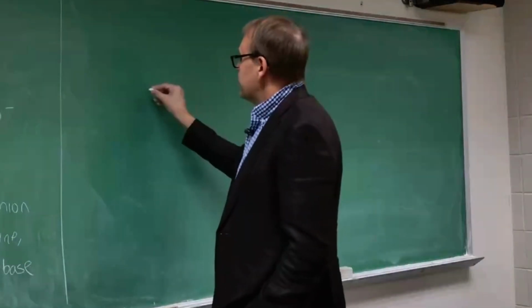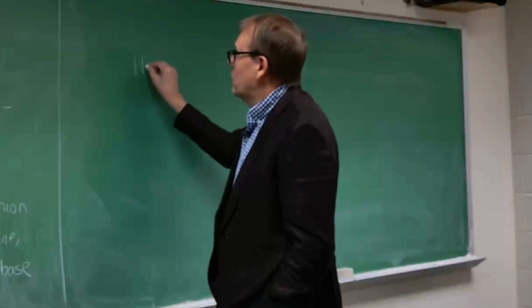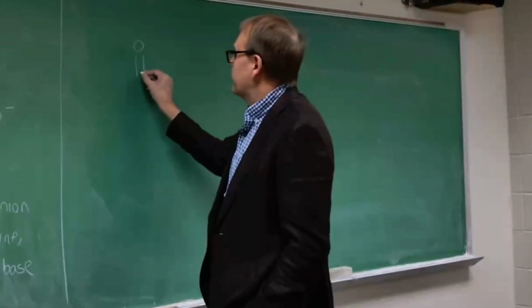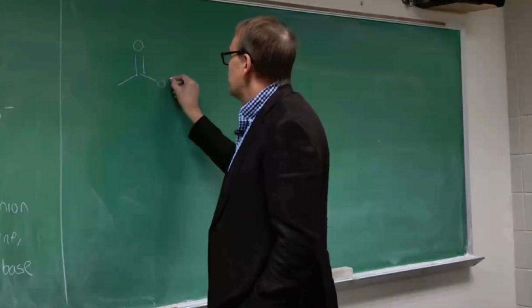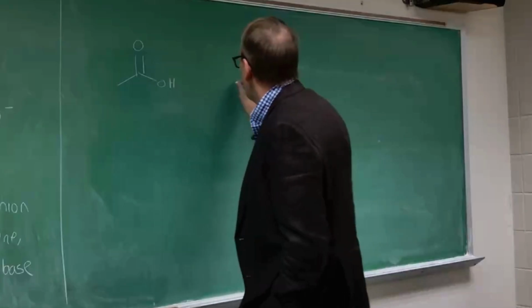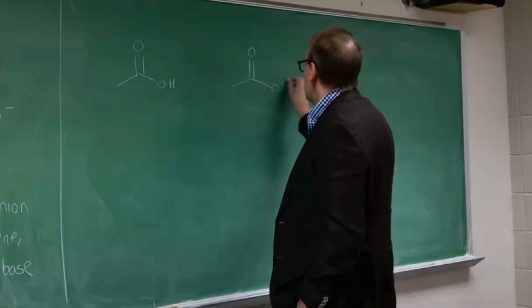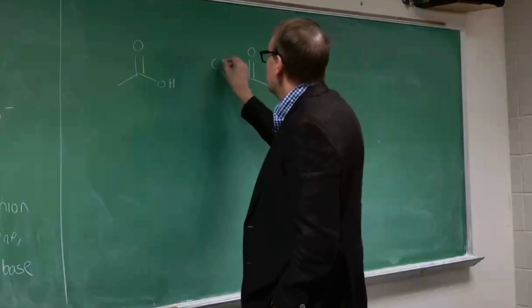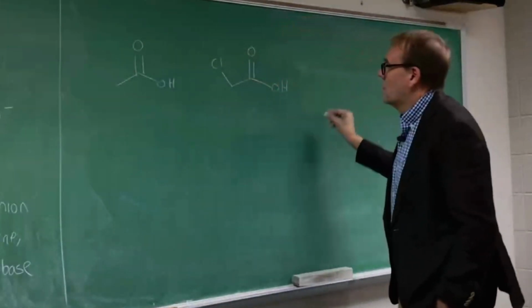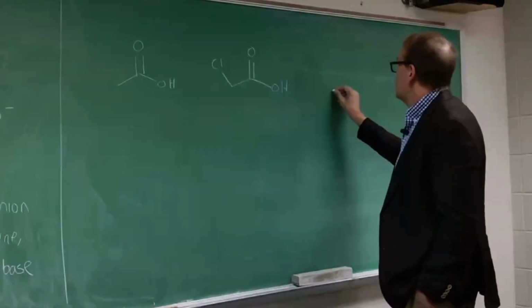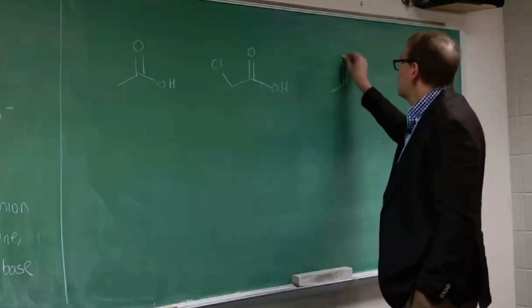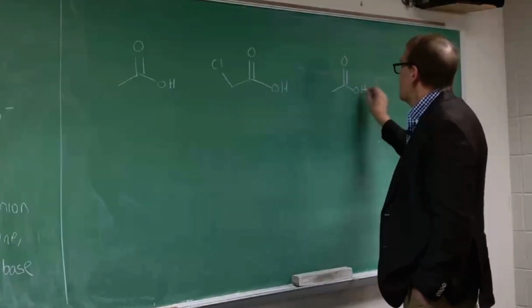So if you've got, for example, acetic acid, this is not as strong an acid as chloroacetic acid. And then if you put 2 chlorines on the carboxylic acid, it's an even stronger acid.